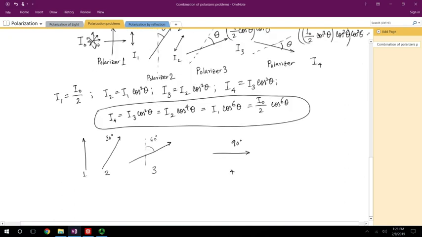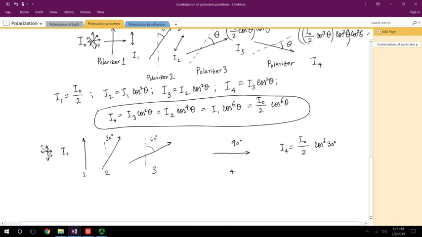So in this case, what is the final intensity? Initial intensity is I naught again, and we have an unpolarized beam of light coming in. So in that case, of course, this result is going to be, as we said before, I4 is I naught over 2 times cosine to the power 6 of theta, but theta is 30 degrees in this case, right?